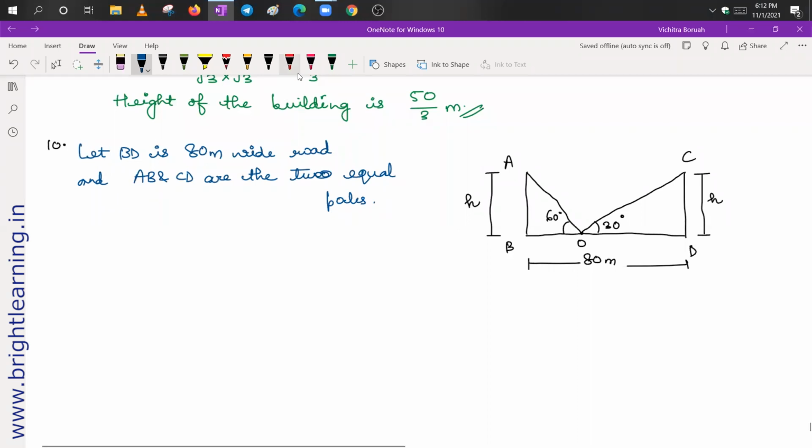Now next let us consider that AB is equal to CD and it is equal to H. The height of both the poles, suppose it is H.